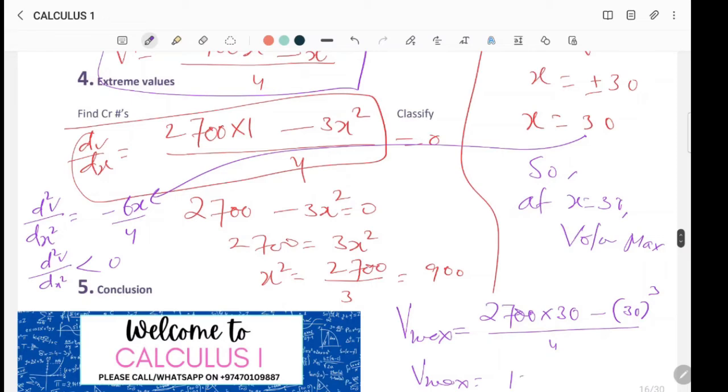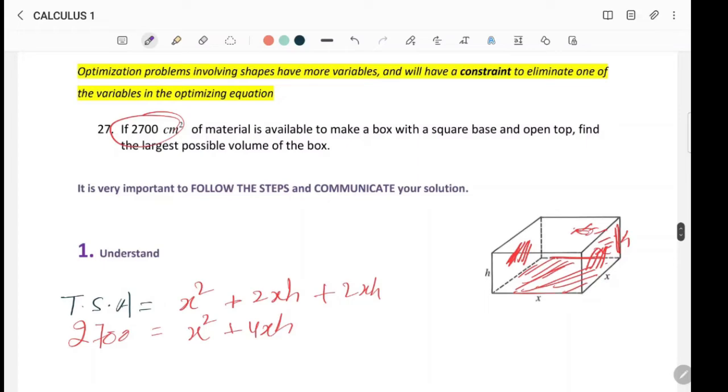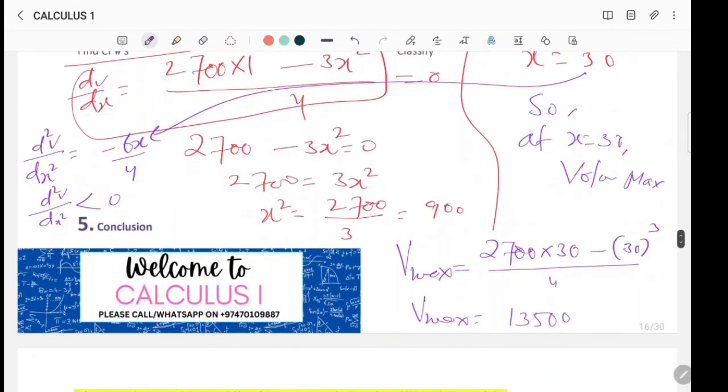That is 13500, right? It's in centimeters, so it will be centimeter cube.